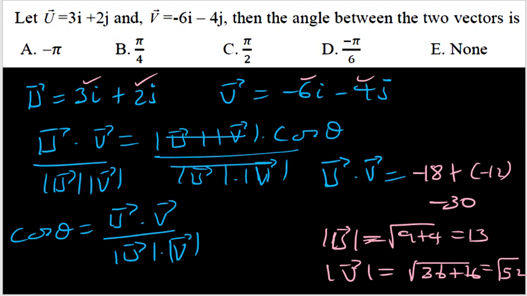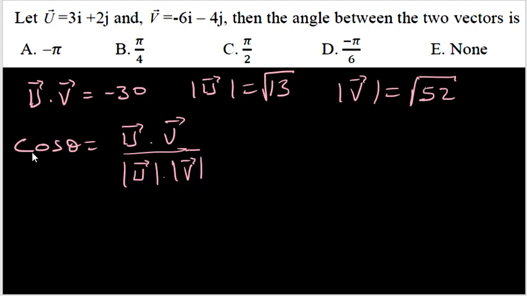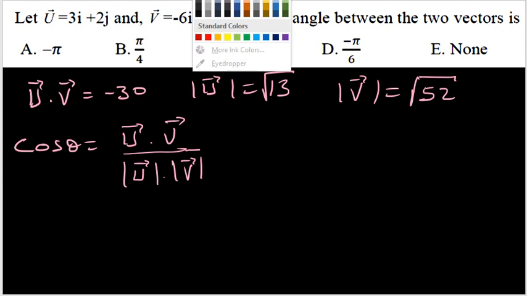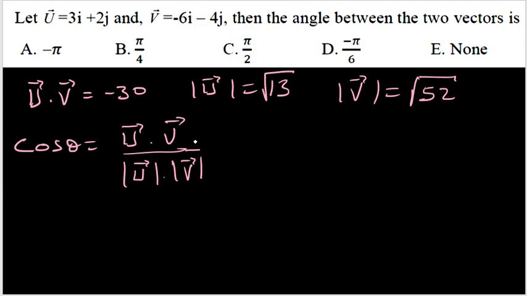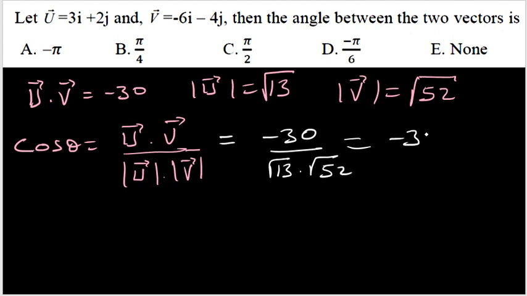Now let us use the space again. Since we have everything here, let us substitute to get theta. u dot v is negative 30 over magnitude of u, radical 13, times radical 52, which is negative 30 over the square root of 13 times 52, which is 13 times 4.